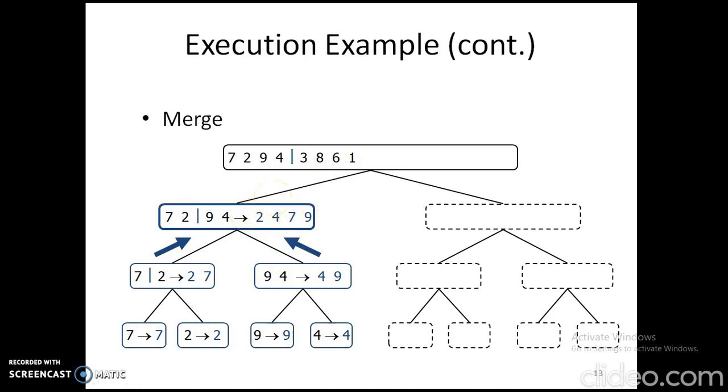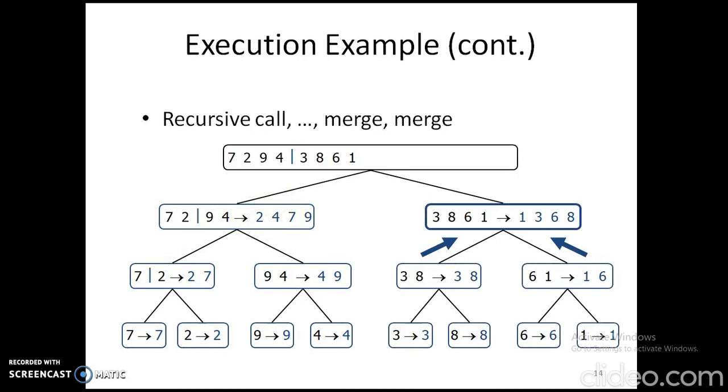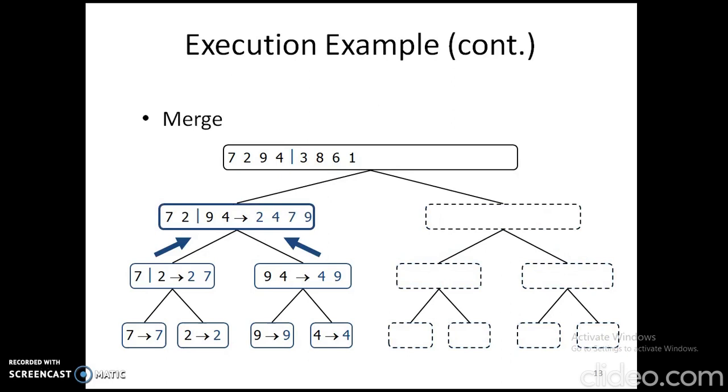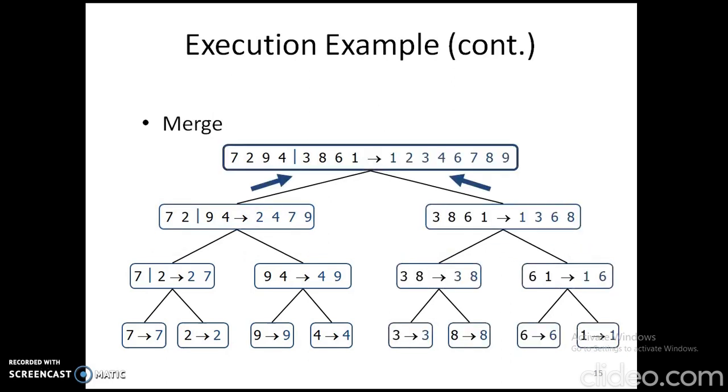Similarly the second half of the array, 3, 8, 6, 1, gets sorted as 1, 3, 6, 8. Once the first and the second half are sorted, they are merged back into 1, 2, 3, 4, 6, 7, 8. This is how it works.